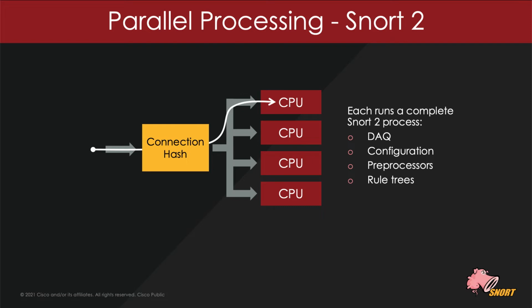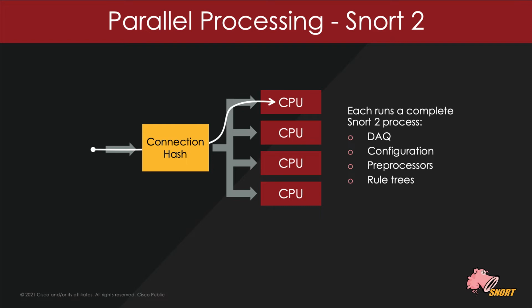When it hashes those, packets that have the same hash are in the same connection, and those go to the same CPU. Other connections are load balanced to other CPUs, and that's how we increase the throughput of the single-threaded Snort process to try and keep pace with the speeds that are increasing on the network.